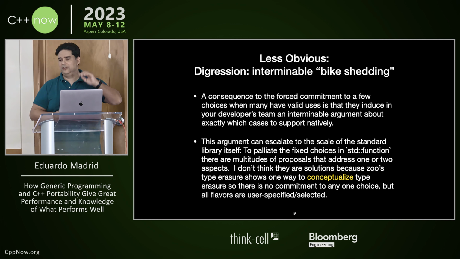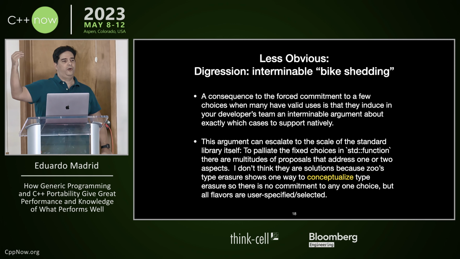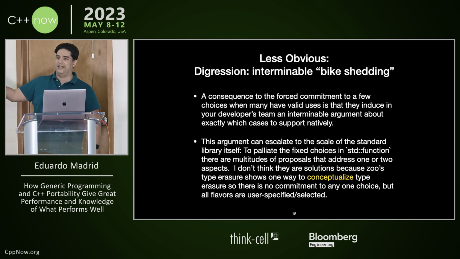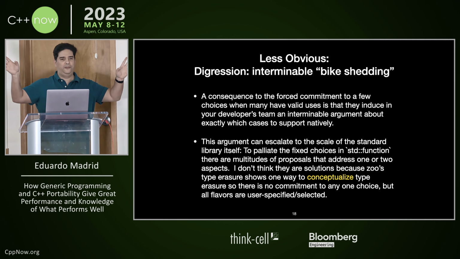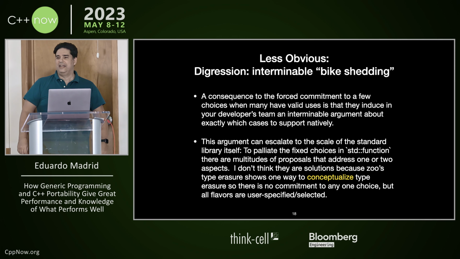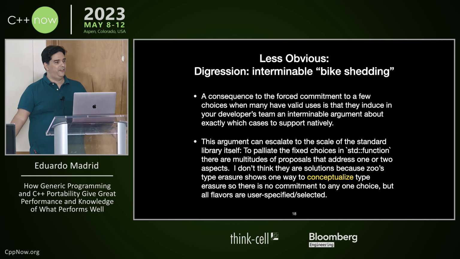And that continues on until even today. There is a famous blog post by Arthur O'Dwyer that I always cite that shows you the design space of standard function-like components. And there are so many of them, and there are proposals for almost all of them.